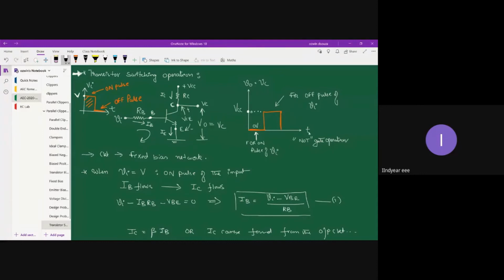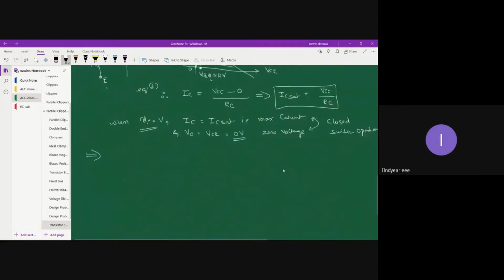So this is kind of your NOT gate operation. NOT gate operation is basically a switching operation. Inside your NOT gate, you will find such a circuit kept. So the NOT gate is made up of this type of transistor circuit.